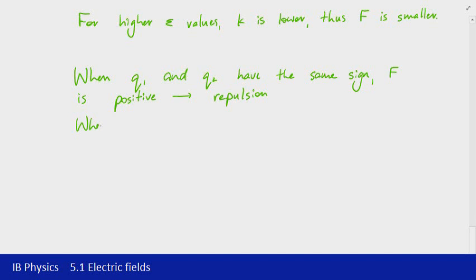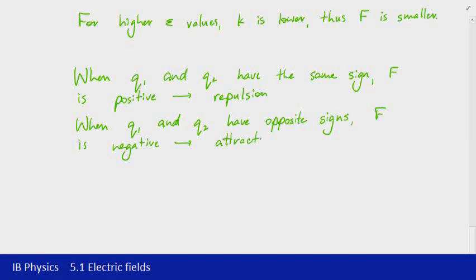So if the value of the force is positive, then we know that it's repulsion. In the opposite sense, when Q1 and Q2 have opposite signs, so if one of them is positive and one of them is negative, the product of Q1 and Q2 will be negative, so F is going to be negative, and that means that it is an attraction.